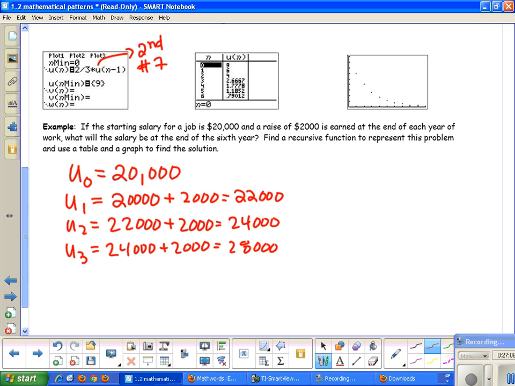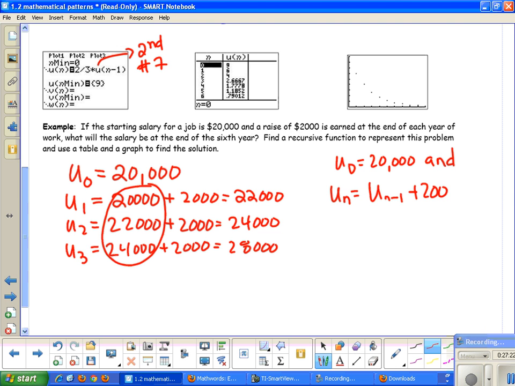So my recursive form would be u sub 0 is equal to 20,000, and to get to the end term, u sub n is equal to, notice these are all my previous terms right here, so u sub n minus 1 plus 2,000, and n has to be greater than or equal to 1 because we're starting off with a 0 term here.